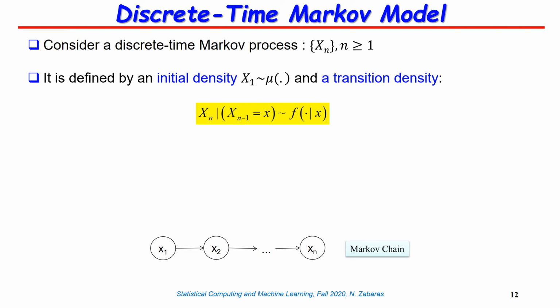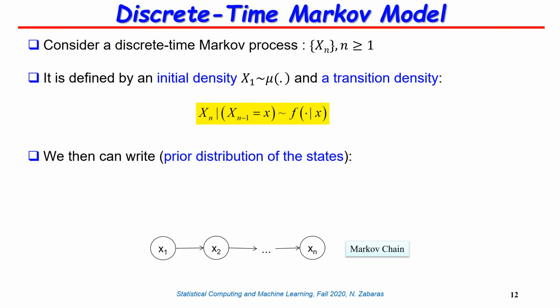Markovian model, for those who forgot, implies here that the xn depends only on the previous state xn minus 1, okay? So the dependencies are only from the previous state, and this probabilistic graphical model that you see on the bottom represents basically, in a graphical sense, these dependencies.